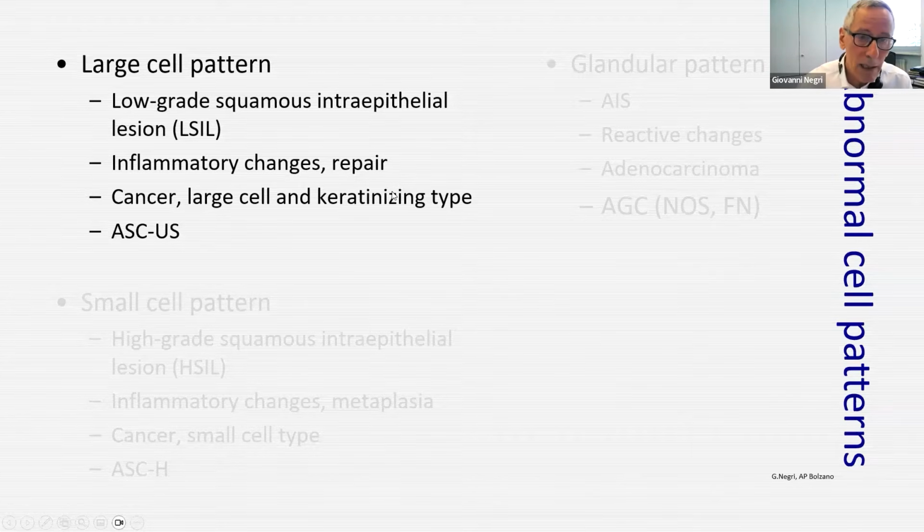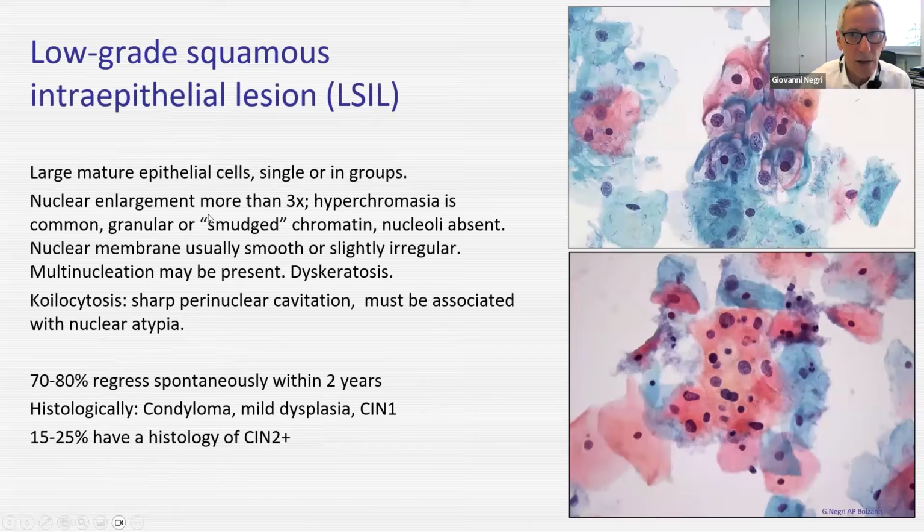Tissue repair in some cases shows smaller cells, not so large, but we are going to discuss it here. Then, of course, cancer, large cells, and keratinizing type cancer. And if you can't tell, particularly between low-grade lesions and inflammatory changes, you are going to call the changes probably ASCUS, and we are going to discuss that too.